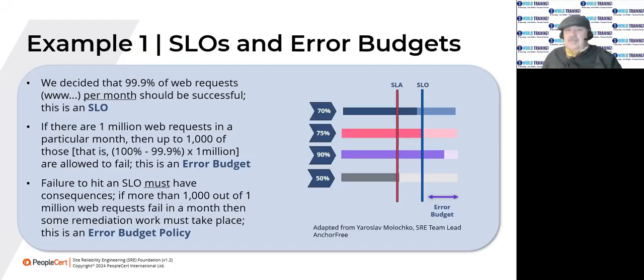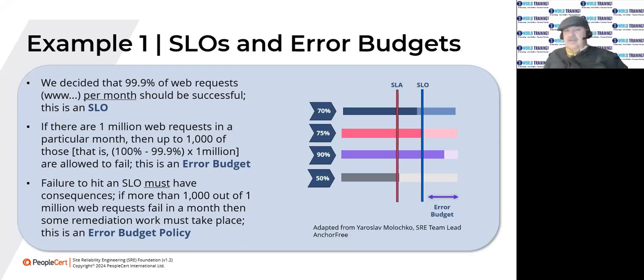let's take the top blue line. Maybe your service level agreement requires that the service is available 70% of the time. And so your SLO may be set at a higher level, maybe 80% of the time, just to give yourself some room, so that if there's a failure you're not going to breach your SLA.